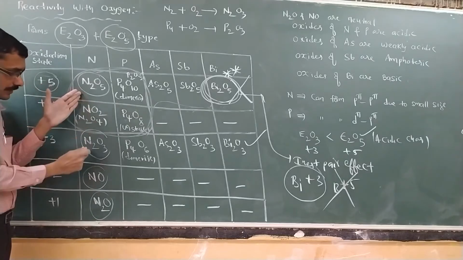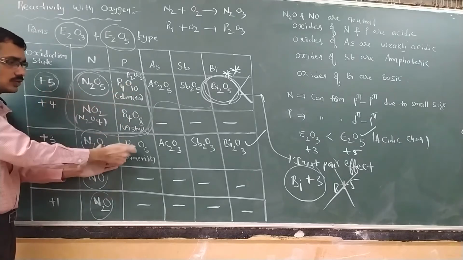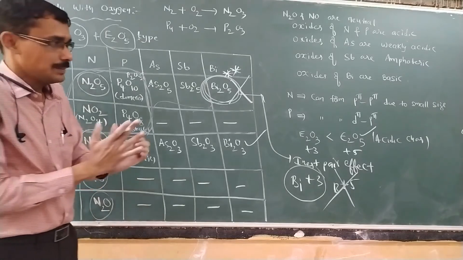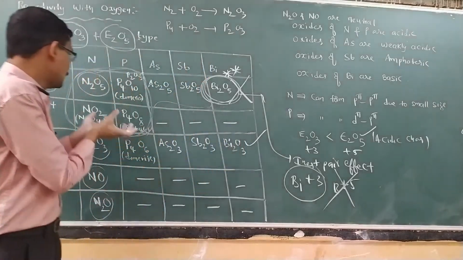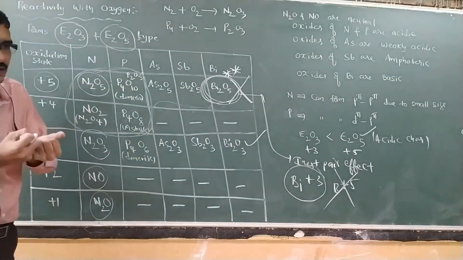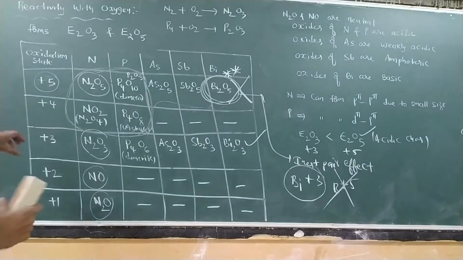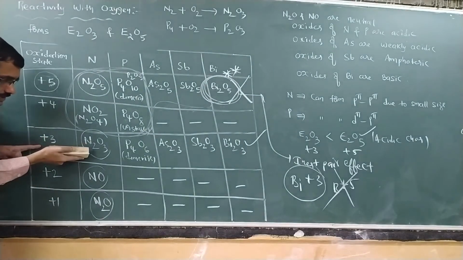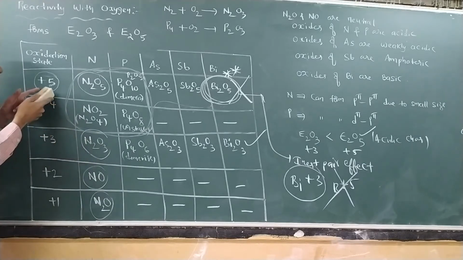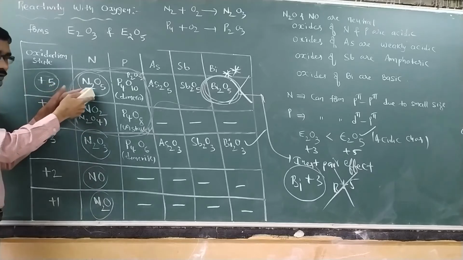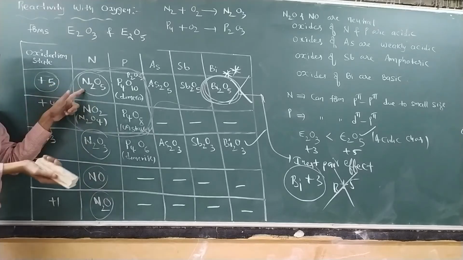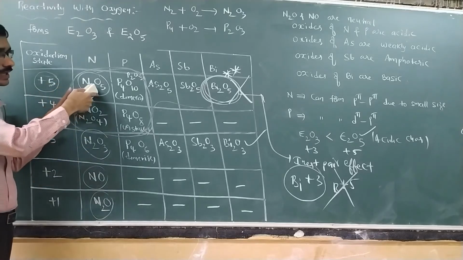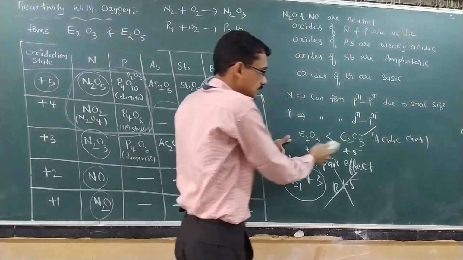Similarly for P4O10 and P4O6. Why? In the lower oxidation state, +3, the oxide releases fewer H plus ions in water. In the +5 oxidation state, it can release more H plus ions in water. So E2O3 is less acidic than E2O5.